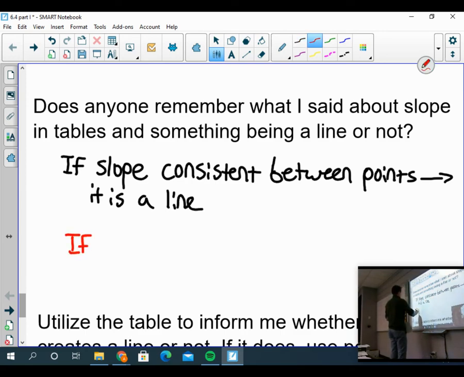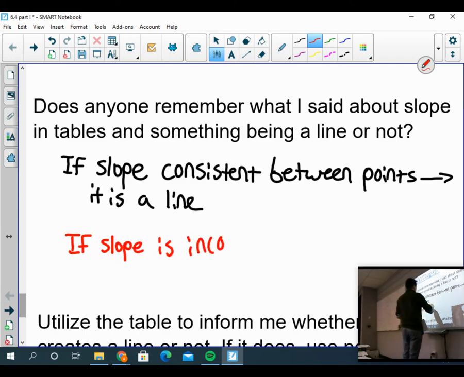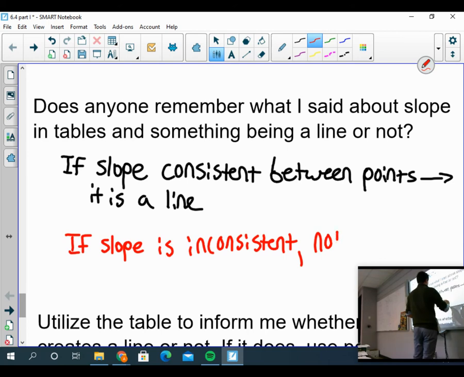If slope is inconsistent between points in a table, it is not a line. Okay?